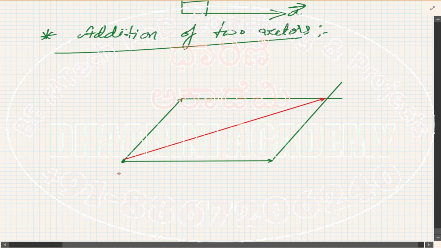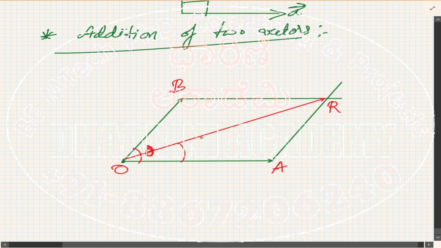So this is O, say this is A, this is B, say this is R. Right? So let us say that originally between A and B you had an angle theta. That is the angle between the two vectors.